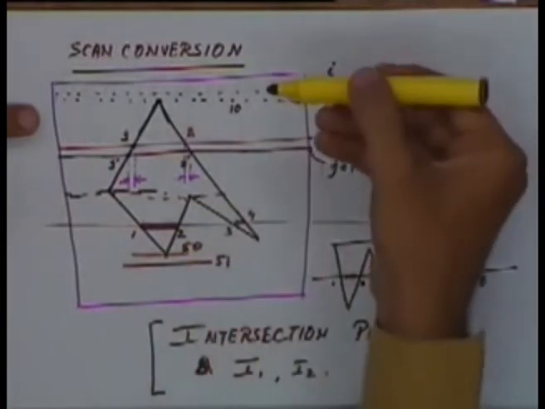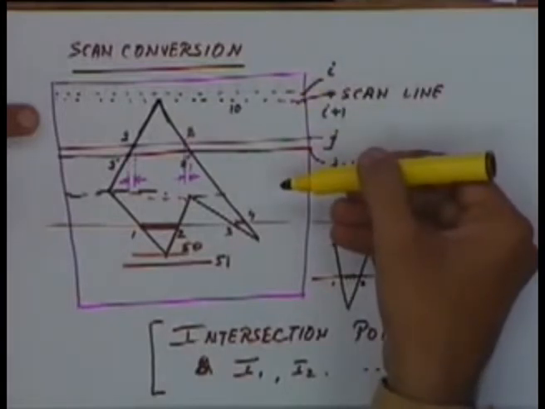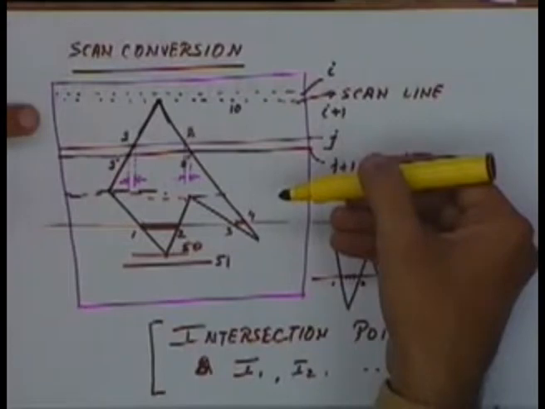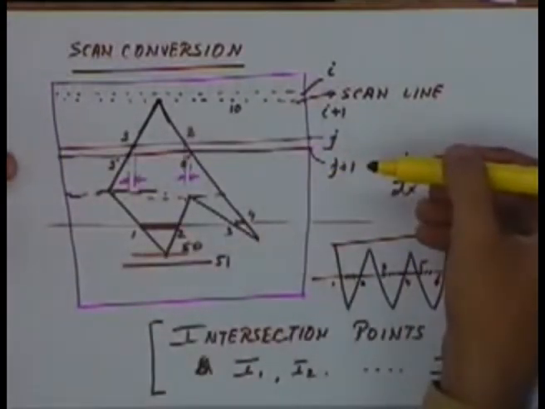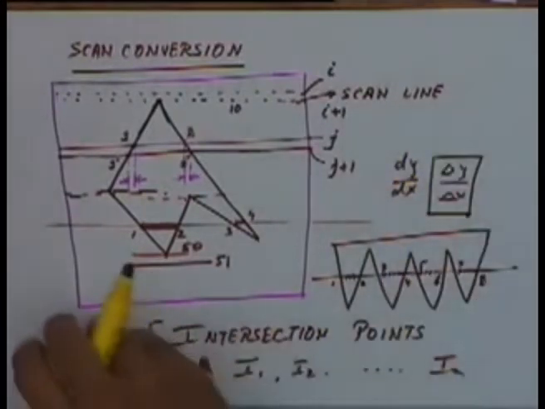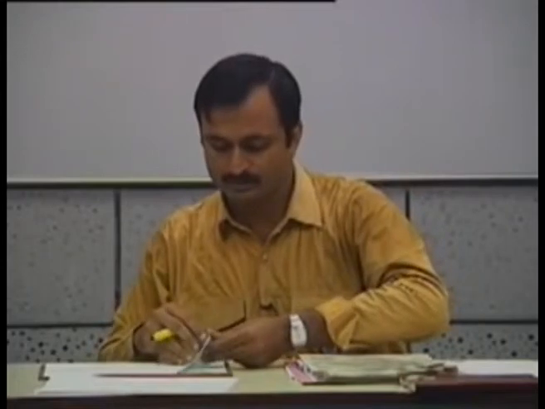So at every scan line we will keep track of the vertices that are there on that scan line, and we will also keep track of the set of intersections on that scan line. That will be done in two different structures.